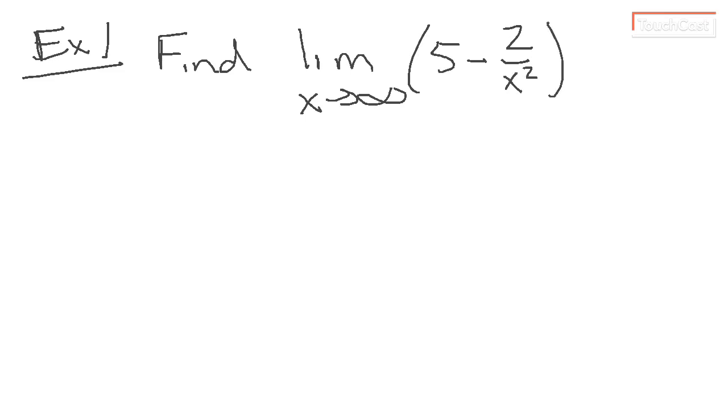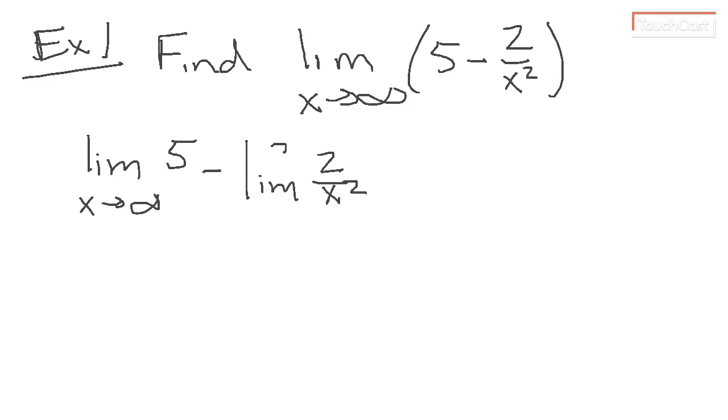So if we think back to our chapter on limits, we can break this up. We can make this the limit of 5 as x goes to infinity minus the limit of 2 over x squared as x goes to infinity.